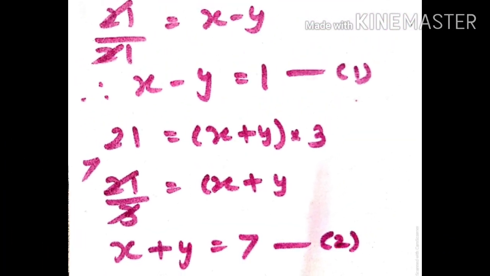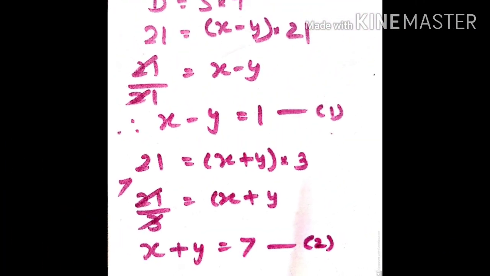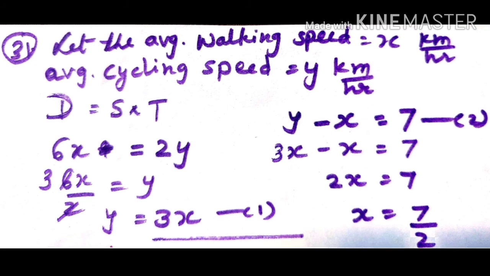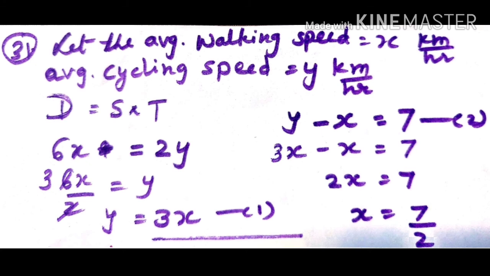For the next question 31, a boy walks to a picnic spot from his house in 6 hours, but he can travel the same distance on his cycle in 2 hours. If his average cycling speed is 7 km per hour faster than his average walking speed, find his average walking speed and his average cycling speed.